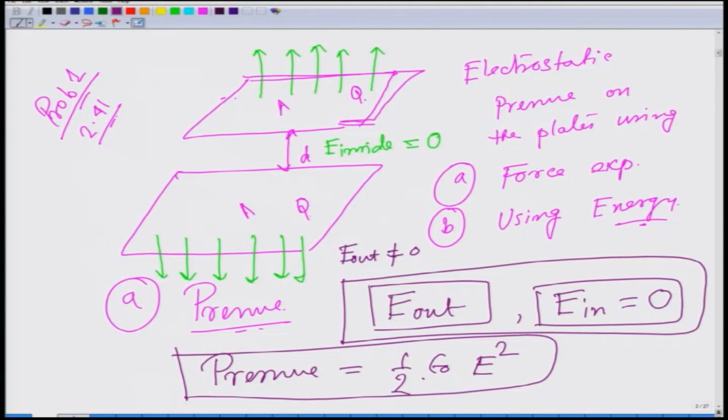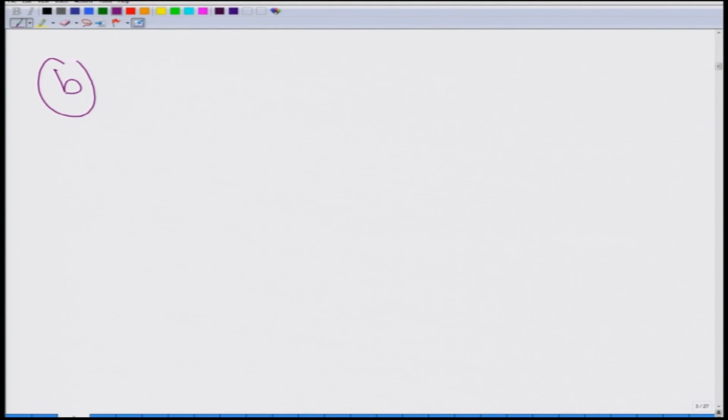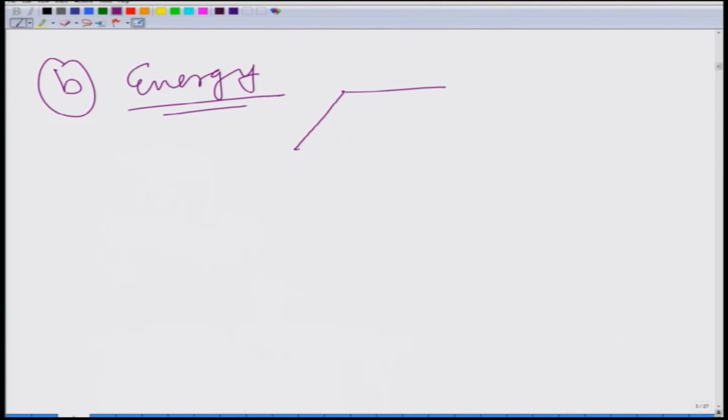Now we will solve this problem using the energy. Let us try to visualize how we will calculate the electrostatic energy between the plates. Let me redraw this.